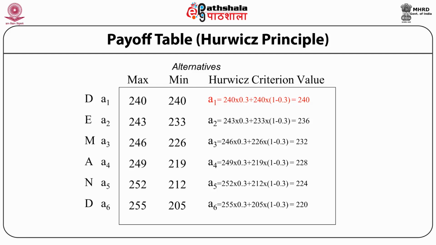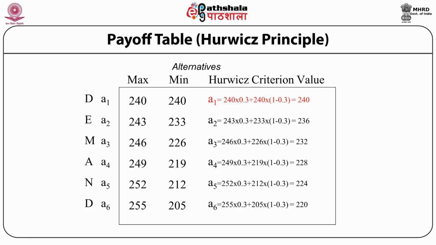So dear students, here we can easily understand that when alpha is equal to 0, that will reflect an extreme pessimism situation and corresponds to the Minimin decision criterion. And when alpha is equal to 1, it would reflect an extreme optimism situation, and it very much corresponds to the Maximin decision criterion.